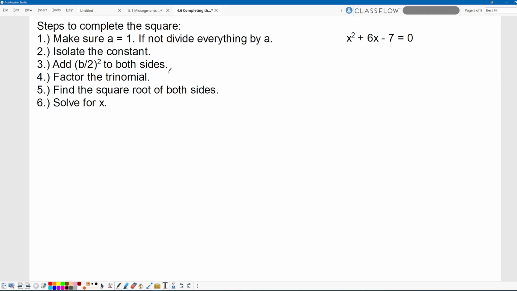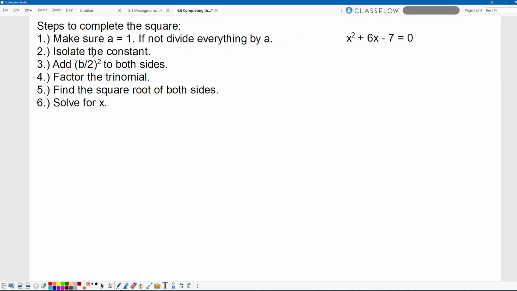Okay, so steps on completing the square. So the first thing we always want to do in completing the square is making sure that we have an a value that's 1. It needs to be a case 1 quadratic. If it is not a case 1, you're going to divide everything by a, which can introduce some fractions.